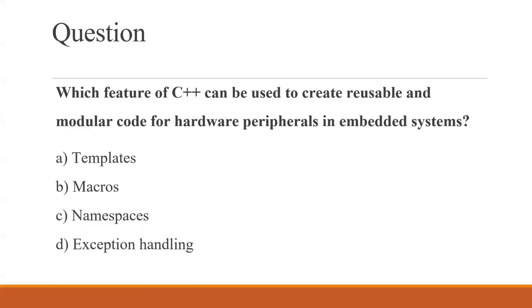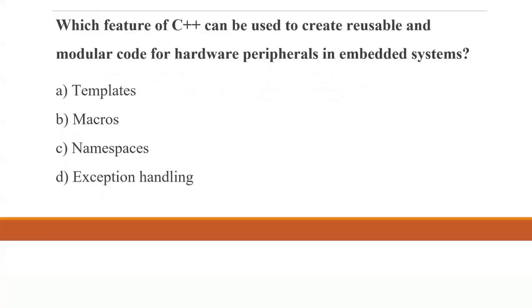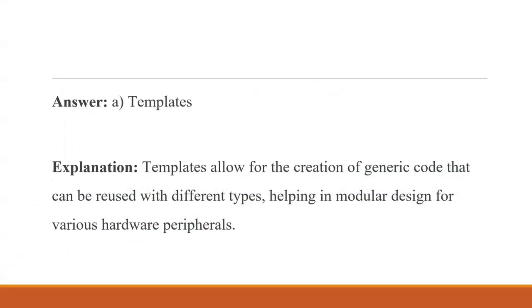Which feature of C++ can be used to create reusable and modular code for hardware peripherals in embedded systems? So templates are very important because they allow for creation of generic code that can be used with different types, helping in modular design for various hardware peripherals.